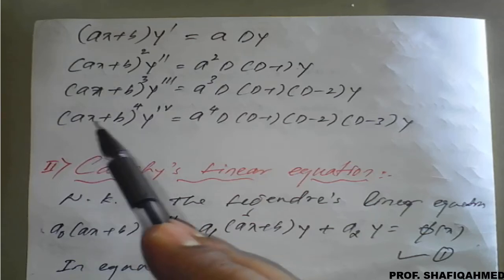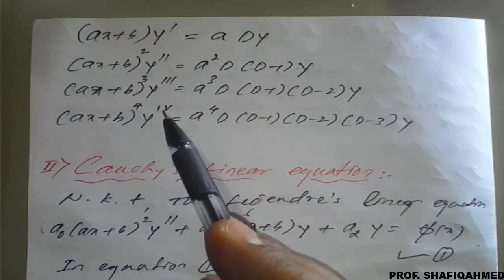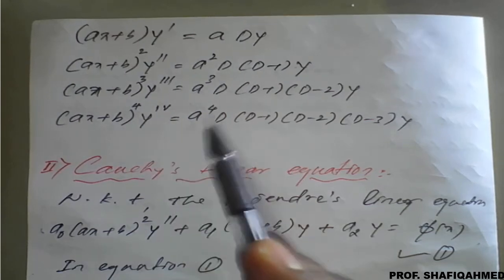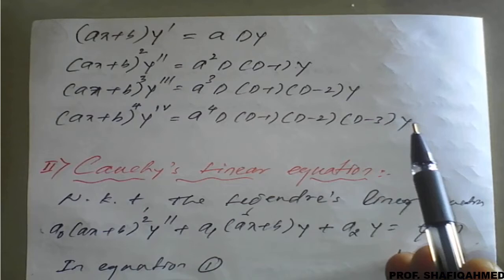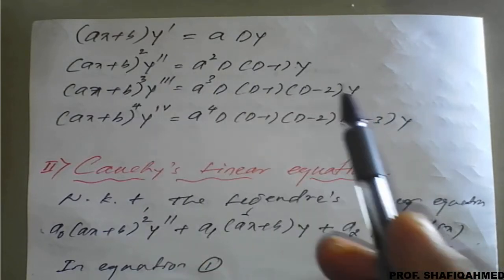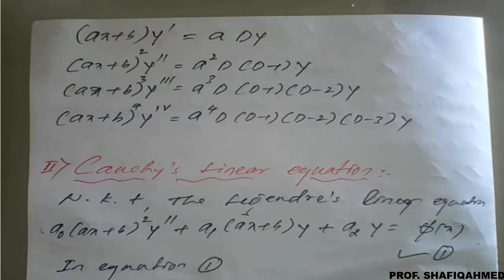Similarly, (ax+b)^4 times the fourth derivative is replaced by a^4 D(D-1)(D-2)(D-3) y. So this substitution we need to apply to solve the examples.